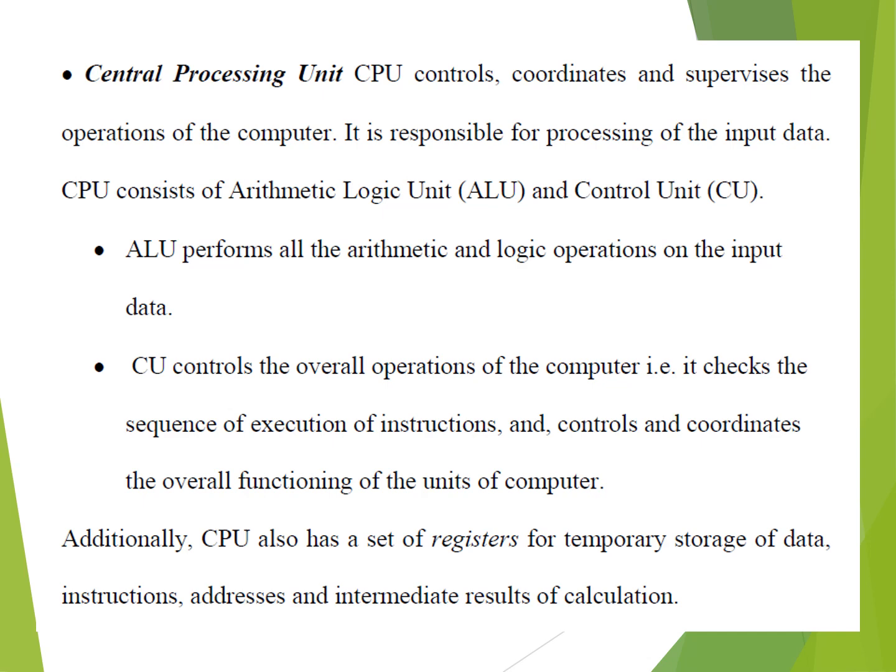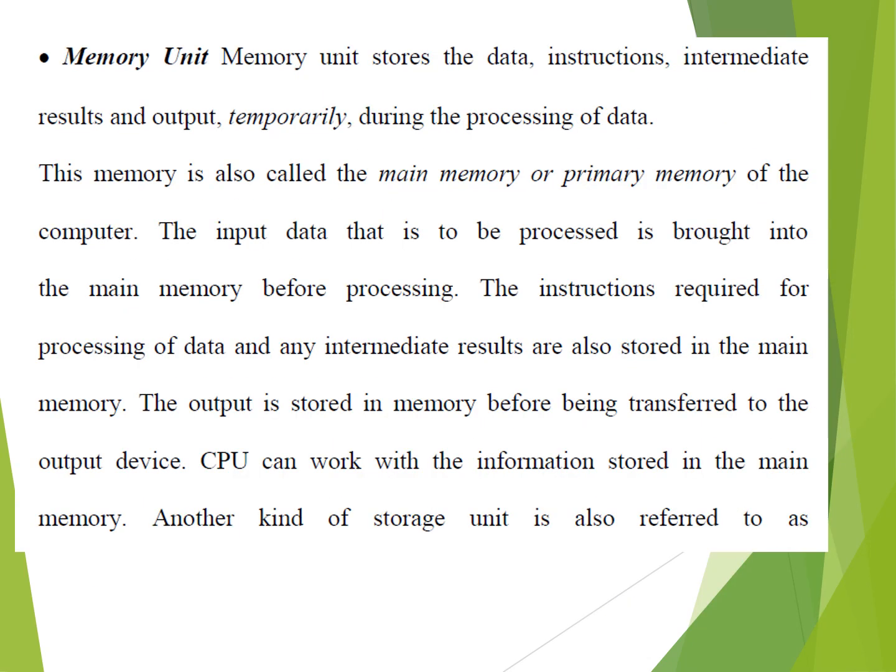The CU controls the overall operations of the computer. It checks the sequence of instructions and controls and coordinates all of the units of the computer. The CPU also has a set of registers for temporary storage of data, instructions, addresses, and intermediate results of calculation.